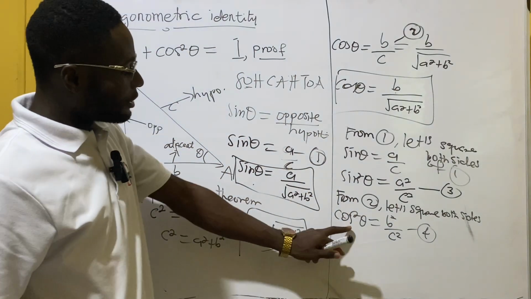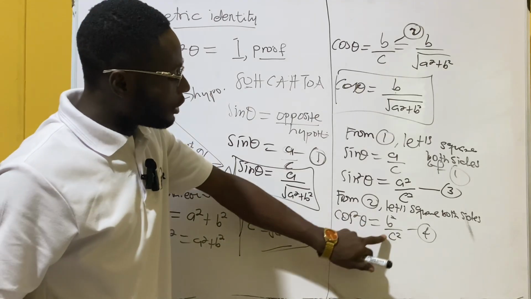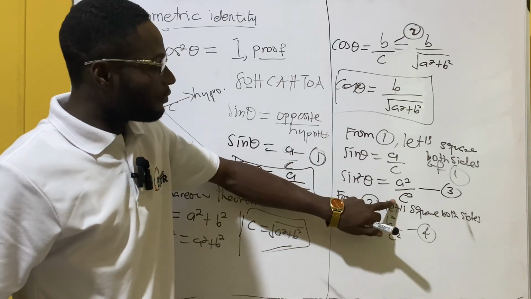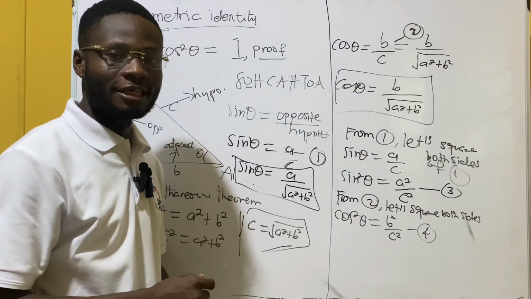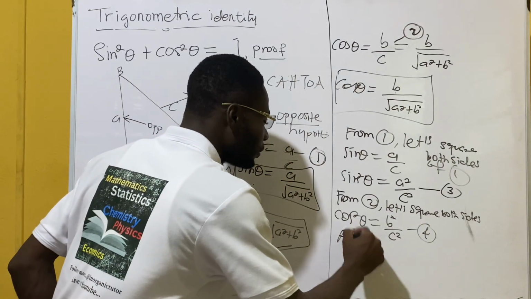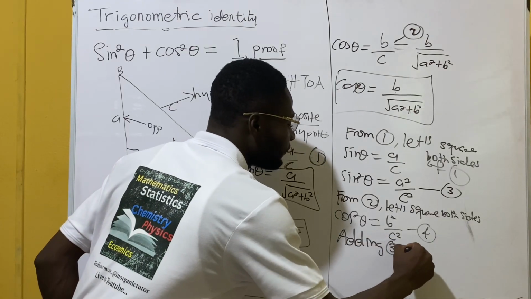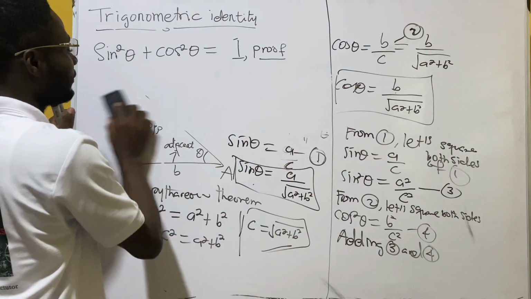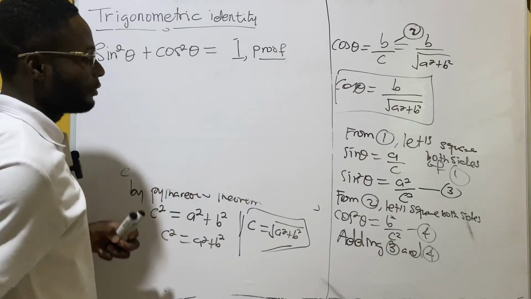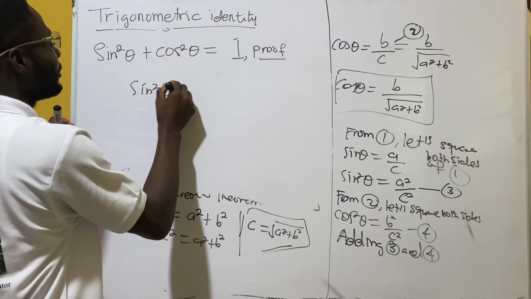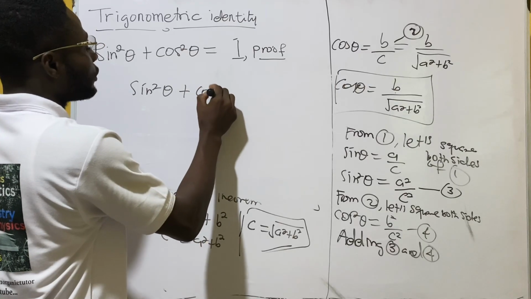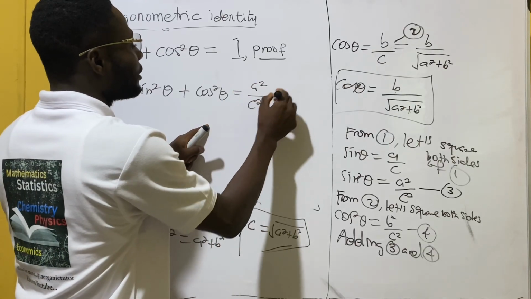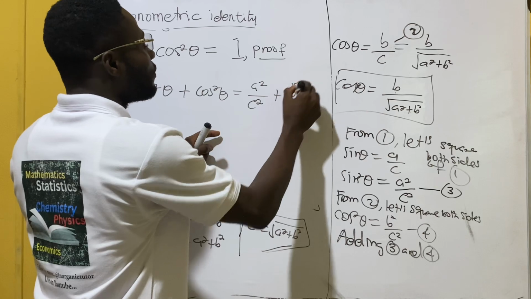Okay, so once cos squared theta equals B squared over C squared and sine squared theta equals A squared over C squared, then why don't we add them? So adding equation 3 and equation 4, we're going to have sine squared theta plus cos squared theta equals A squared over C squared plus B squared over C squared.